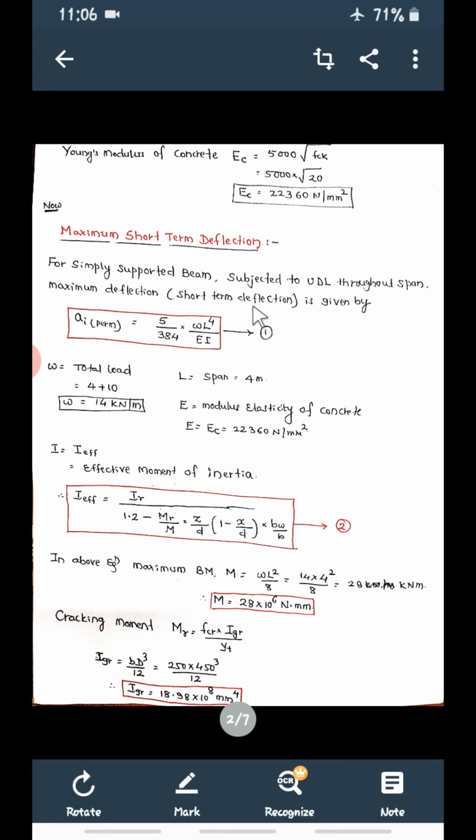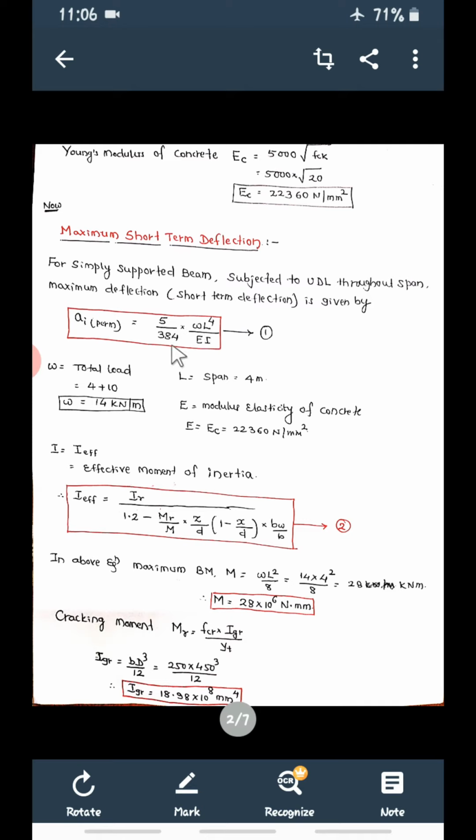That is called the short term deflection, given by the formula a i permanent, where a indicates deflection. For a simply supported beam with UDL, the maximum deflection at the center is 5 w L raised to 4 divided by 384 EI, that is 5 by 384 small w L raised to 4 divided by EI.